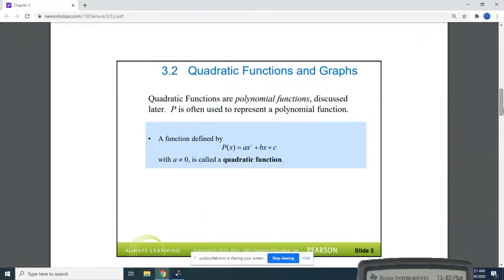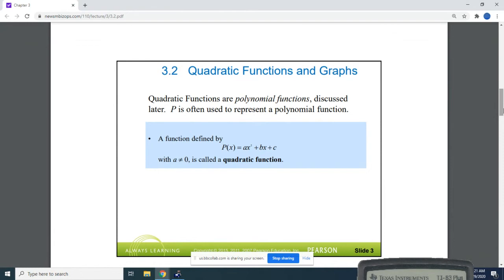We're going to talk about quadratic functions. And quadratic functions can be written in several forms. They can be written in what's called standard form, and standard form is actually the form that you see on the slide. P of x is equal to ax squared plus bx plus c. Right?